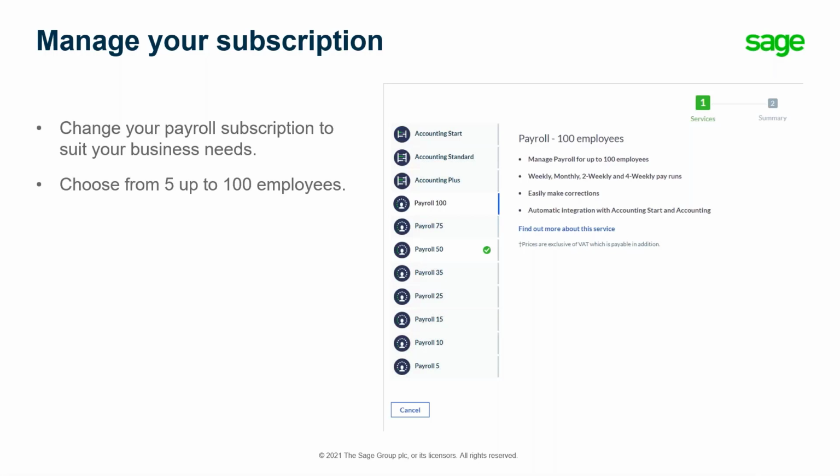As your business changes, you can increase the number of employees you need, or in fact decrease the employees so that you're only paying for what you need to use. You can access these options from Manage Business Account, and I will point that out when we go through the product tour.